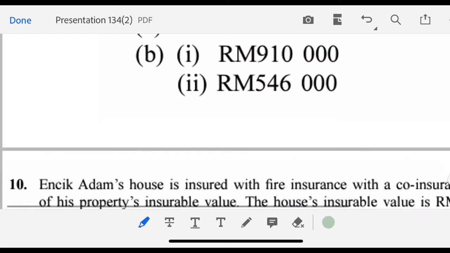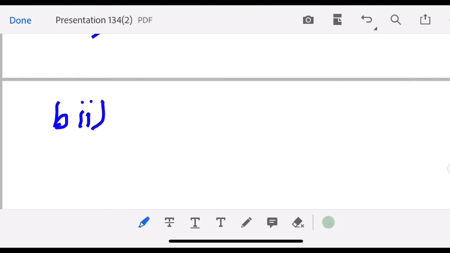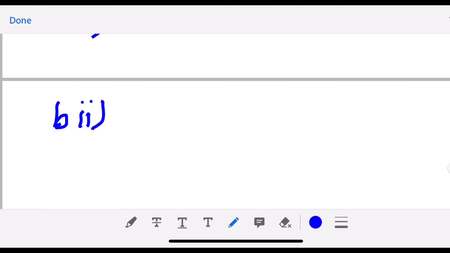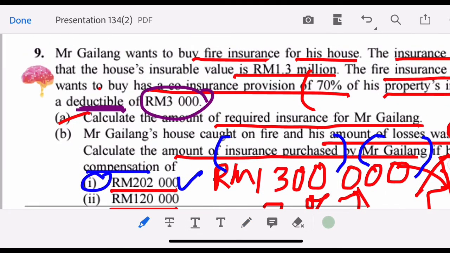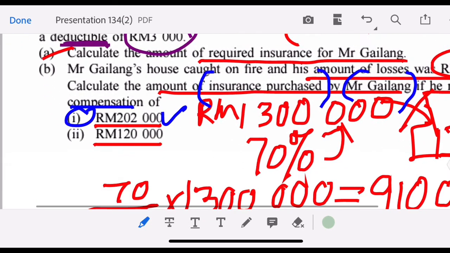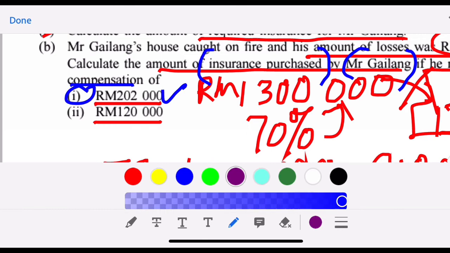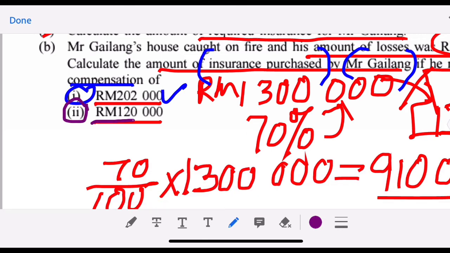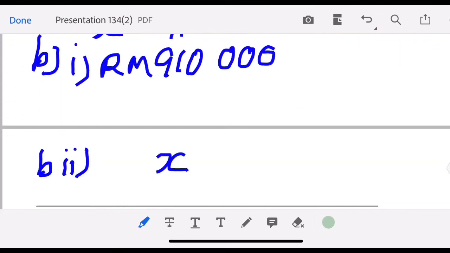Okay, for A it is 900. Now B2. For B2, because the amount purchased by Mr. Galang is unknown, we will focus on the compensation, which is 120,000.